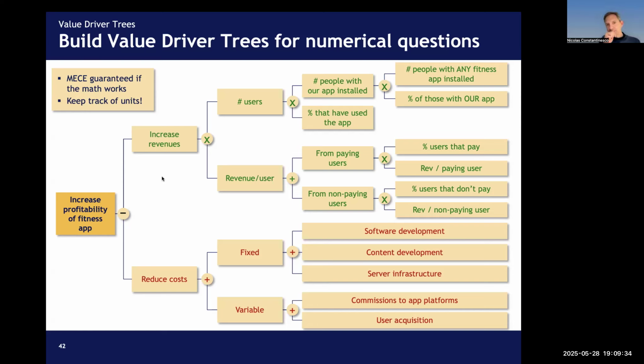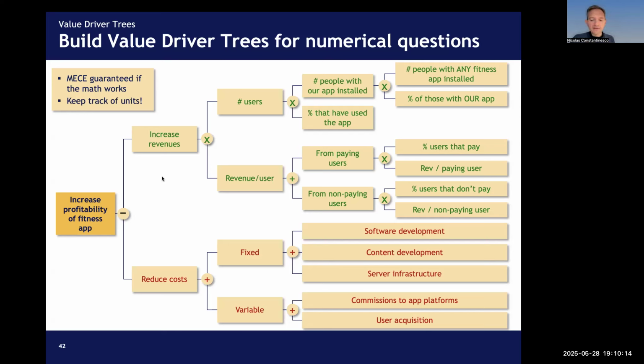And if I change the value of any one of those and hold all the rest constant, then it'll change the value of the box that precedes it, and the box that precedes it, and it'll make its way all the way to the profitability. Right? So it's pretty cool that way. Some of these endpoint boxes are things that you can influence. Some of these you can't, but at least you can monitor them if you're a CFO.